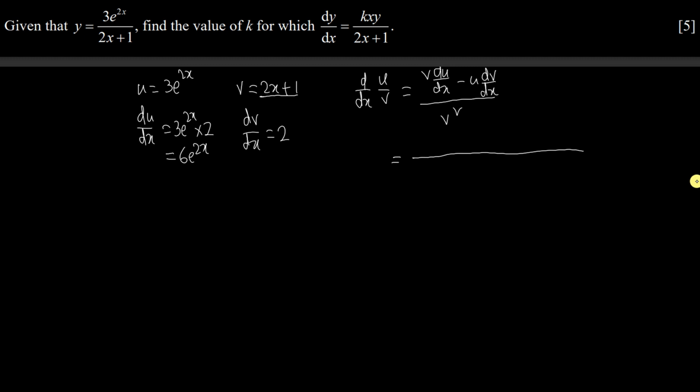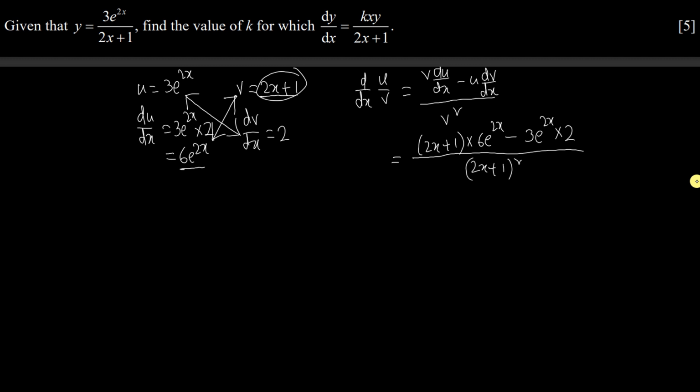We are going to multiply these two: v is 2x plus 1 into 6 e to the power 2x, then minus sign, u, we need to multiply that 2 again. U is 3 e to the power 2x into 2, and at the bottom we need to write v square, which is 2x plus 1 whole square.